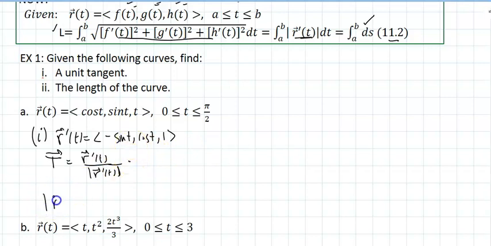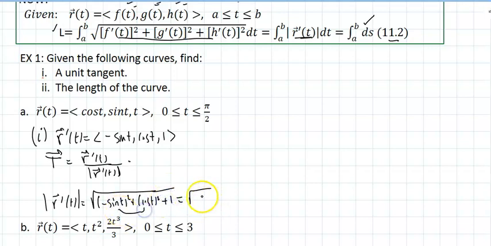So what is the magnitude of r prime of t? In this case, it turns out to be the square root of sine squared of t. I should write it in for your notes. Negative sine of t squared plus cosine of t squared plus 1. Isn't that a 1? So, the unit tangent, which is T, would be negative sine of t over radical 2, cosine of t over radical 2, and 1 over radical 2.